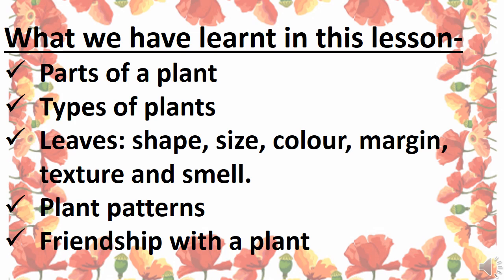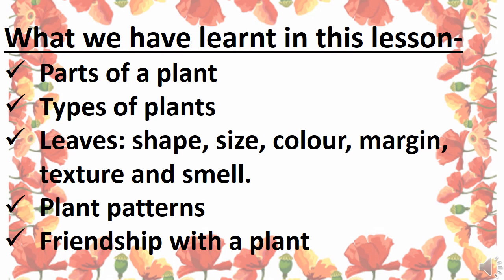Let's discuss what we have learned in this lesson. We discussed parts of a plant like root, stem, leaves, flower, etc. Then we discussed types of plants like herbs, shrubs, trees, creepers and climbers.